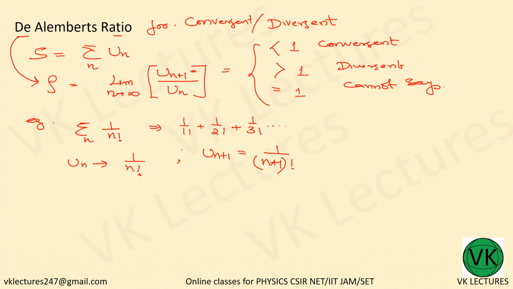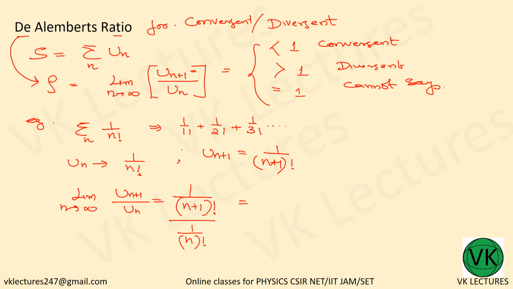Now when limit n tends to infinity, un plus 1 divided by un is nothing but 1 divided by (n plus 1) factorial divided by 1 divided by n factorial.